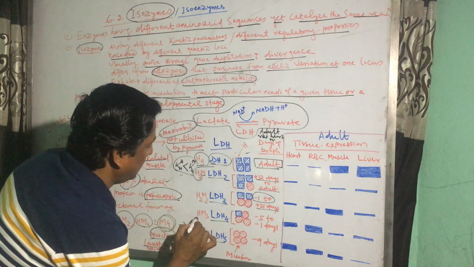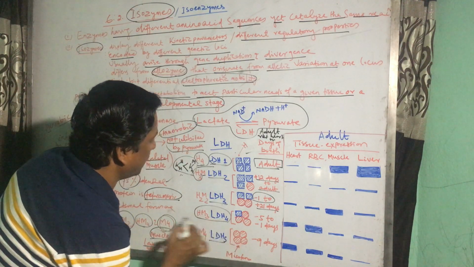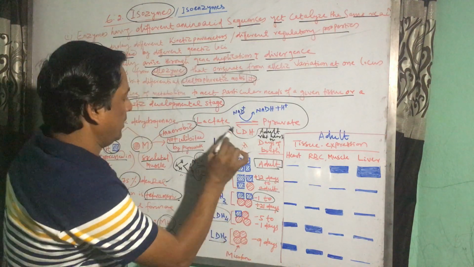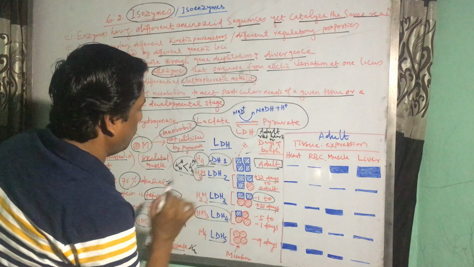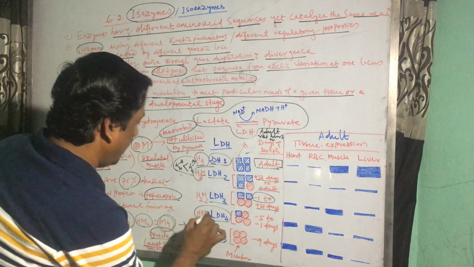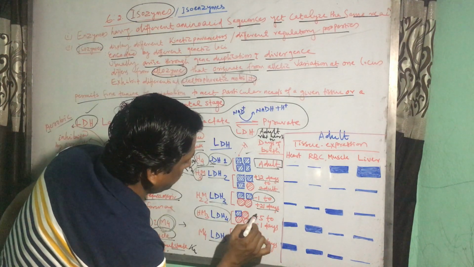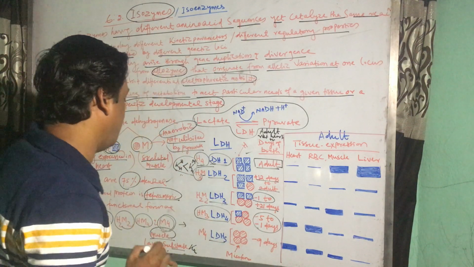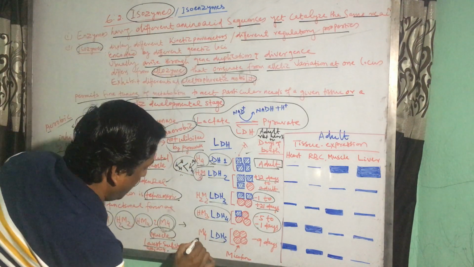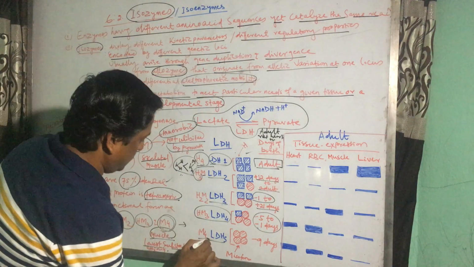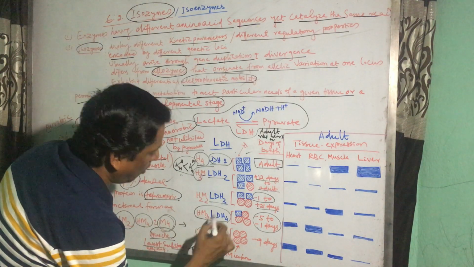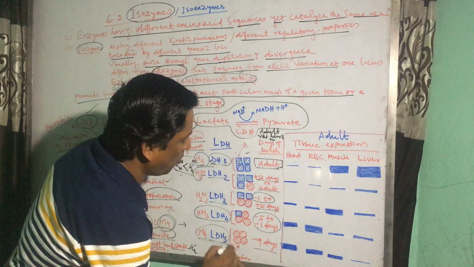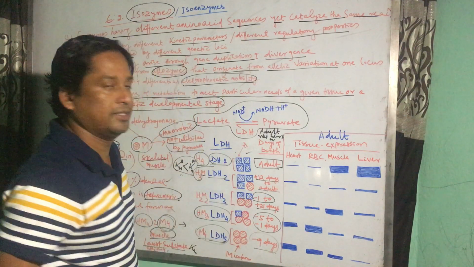The HM3 type, which is LDH4, has 1 H form and 3 M forms, and is found from 5 days before birth to 1 day before birth. The M type, LDH5, which has all M type peptides, is found before 9 days of birth.